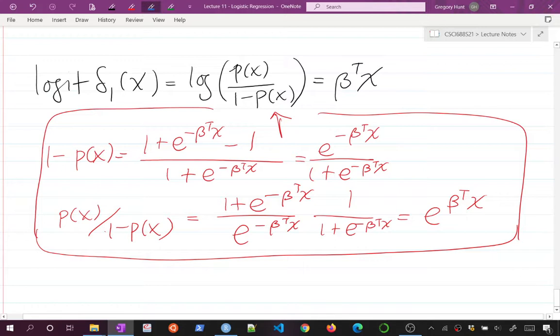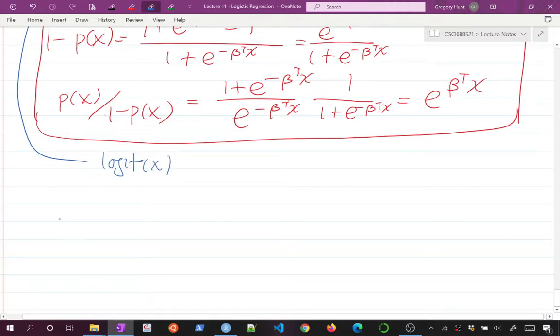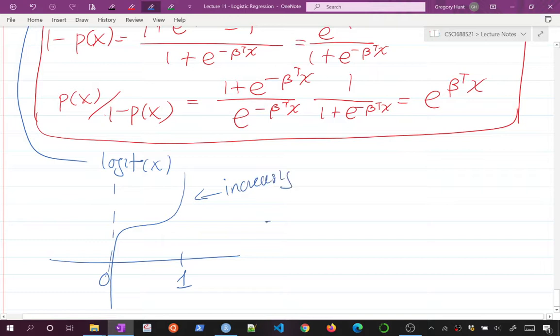What does this mean? If you believe that logit, which is the inverse of logistic, is going to look like logistic on its side. So it will look something like that. I guess this would be my 0 point here, and this would be 1. So it asymptotes at 0 and 1, but it looks like that. So this thing is monotonic, or we could even say increasing. What does this mean?